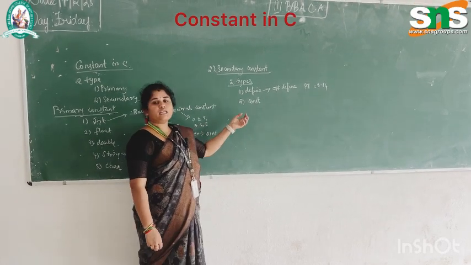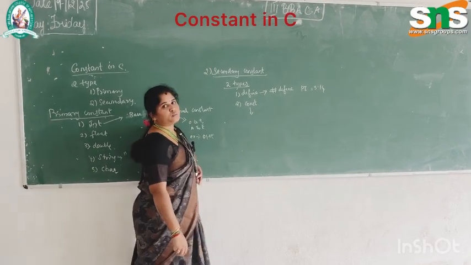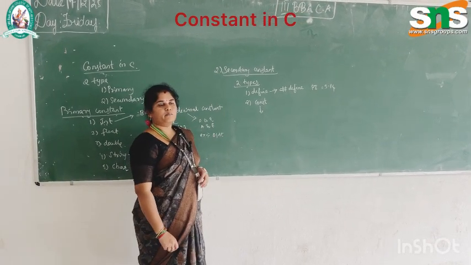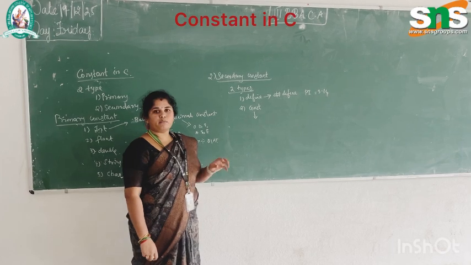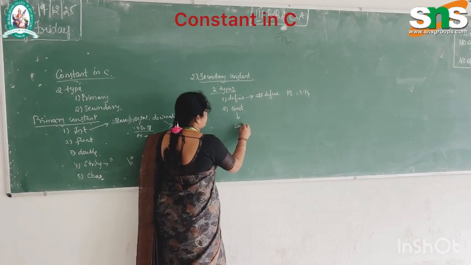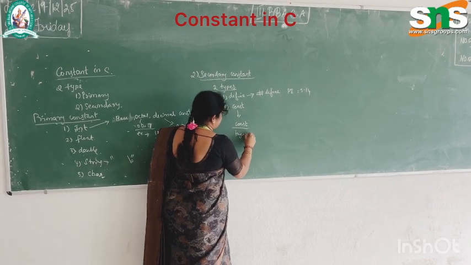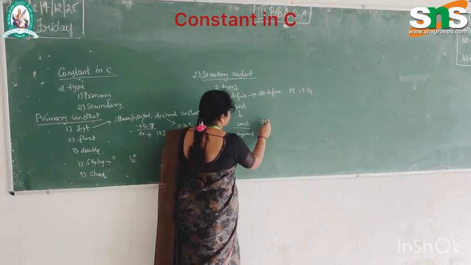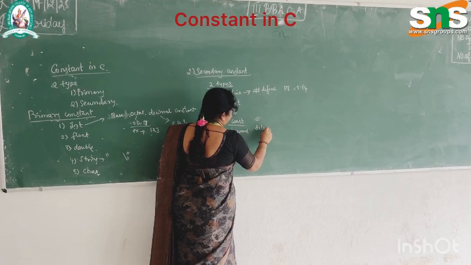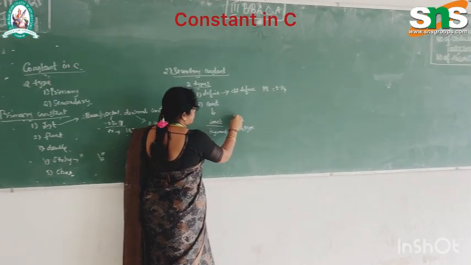If I use const, we need to specify the const keyword before giving the value. That is the format: const is the fixed keyword. After that we give the data type; I have given the data type as integer.